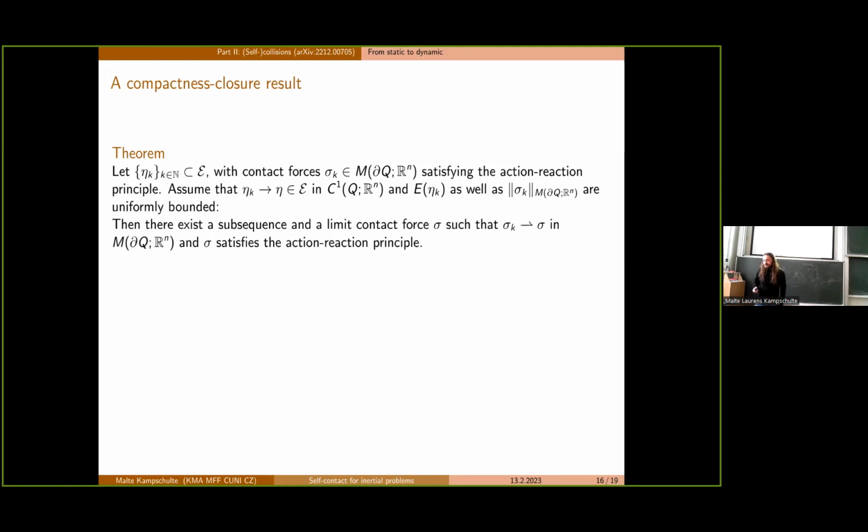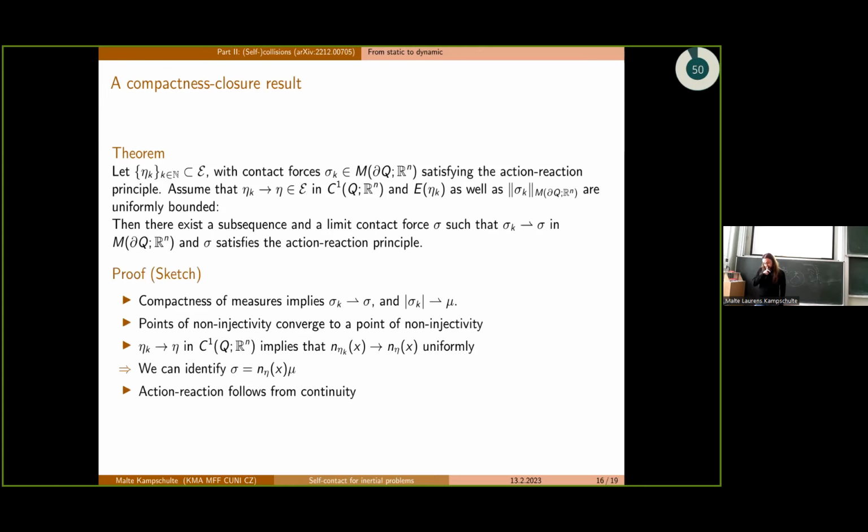Then the limit thing will be again a contact force, and it will be a measure and everything that's bound before that. And the proof is rather simple, because you can always use the compactness theorem for measures to get something for the limit if you have those uniform bounds you need to work for.